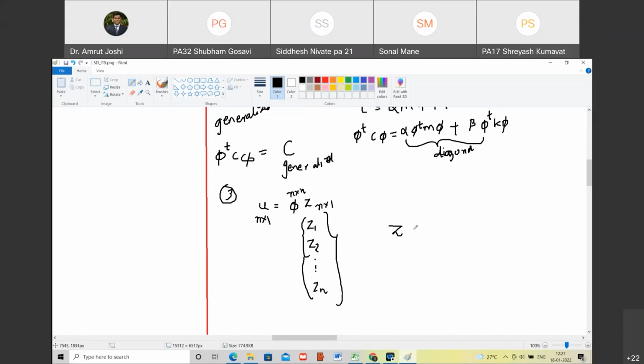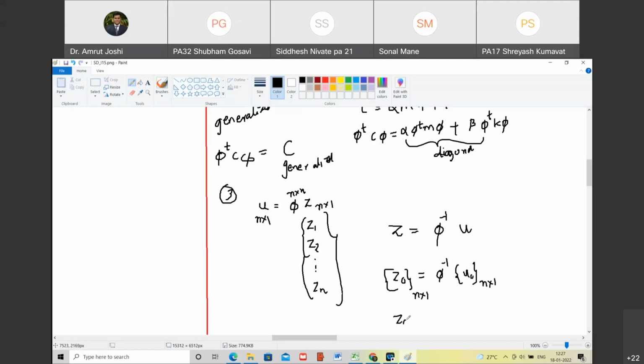Now what do we do? We express z as phi inverse of u. Happy? Yes, sir. We use this and we get the matrix of initial conditions. Z0 will be equal to phi inverse of u0. Z0 is an n cross 1 matrix. U0 is also an n cross 1 matrix.